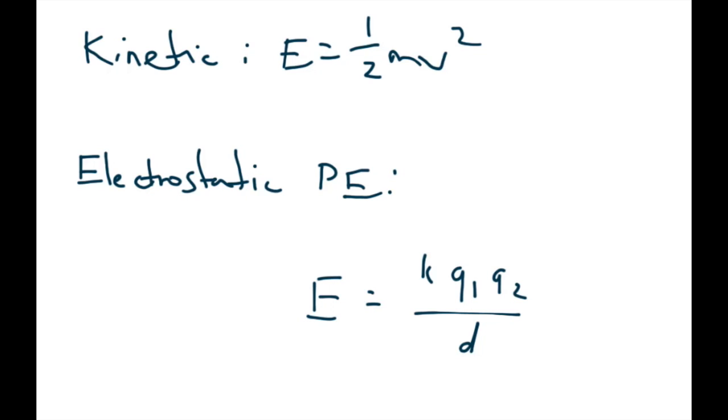K is equal to a proportionality constant, which comes to 8.99 times 10 to the 9th joule meters per coulomb squared. So when solving for energy on these types of problems, you plug in your two charges and you figure out the distance between them, multiplying by the proportionality constant.